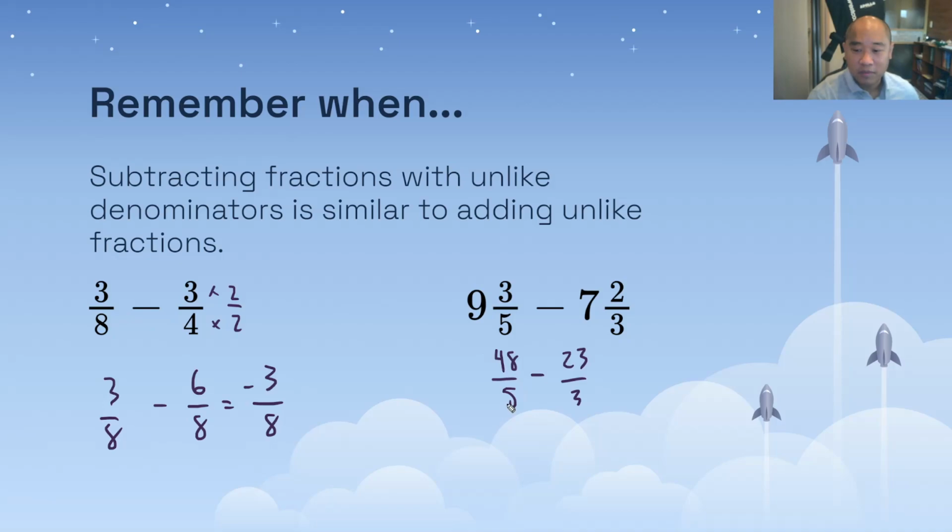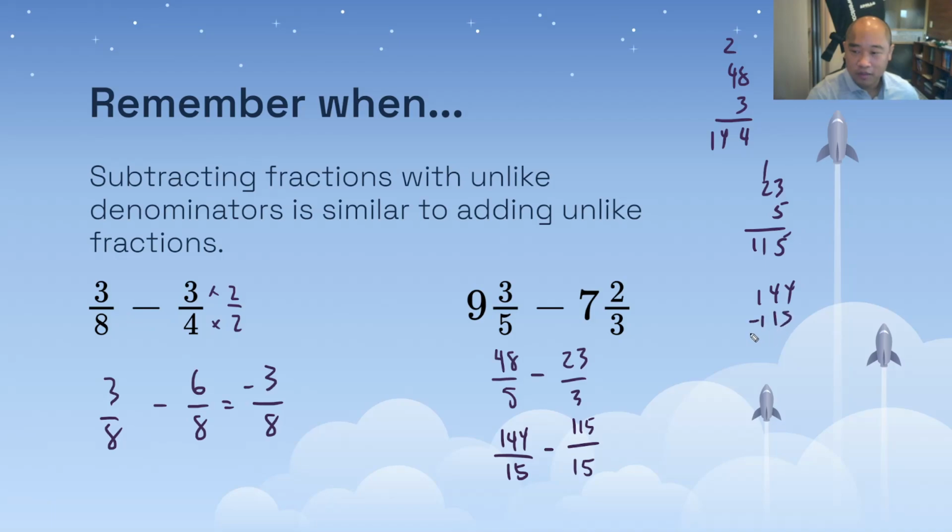So we're going to multiply by 3 on this side. 48 times 3 is 144 over 15 minus, and then we're going to multiply by 5 here. 23 times 5 is 115.